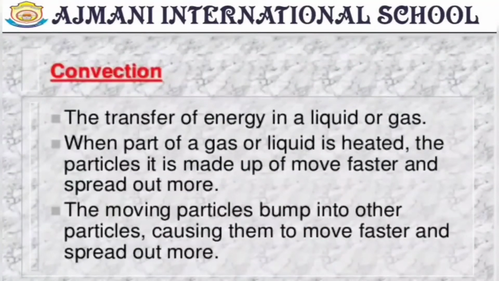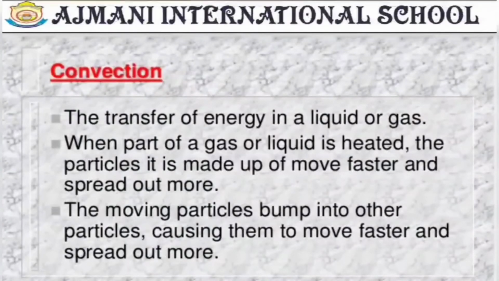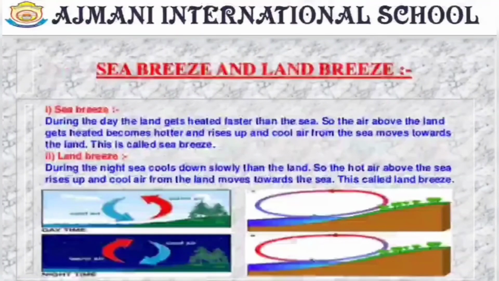When a liquid or gas is heated, the particles near the source of heat become hot and they move upwards. In turn, the cooler particles from above move downwards and get heated. This happens till all the particles get the heat energy. When you are talking about convection, there are two important topics: the sea breeze and the land breeze.